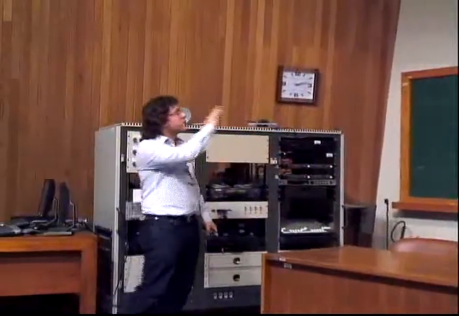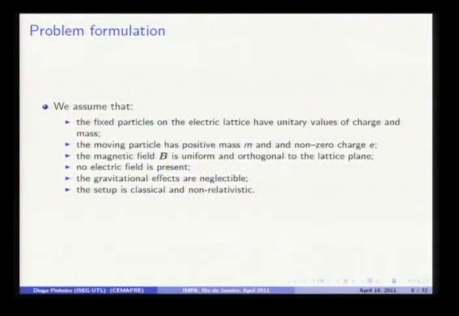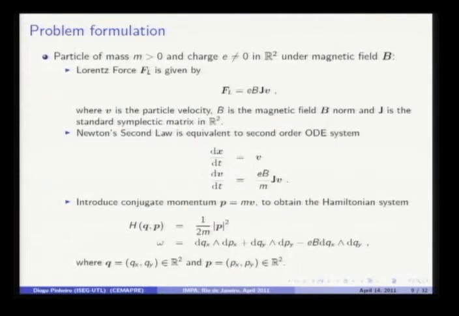Okay, so we will assume that all the particles on the lattice have unitary values of charge and mass, and that the moving particle has some positive mass and non-zero charge E. The magnetic field is uniform and orthogonal to the plane where the lattice is. We could have an electric field inside the plane of the lattice, but let's keep it zero for the moment. There are no gravitational effects and everything is classical. Okay?